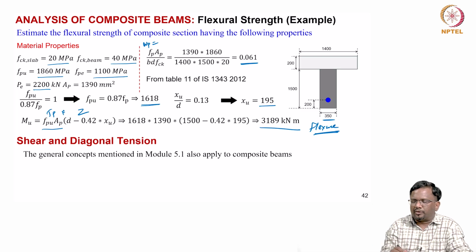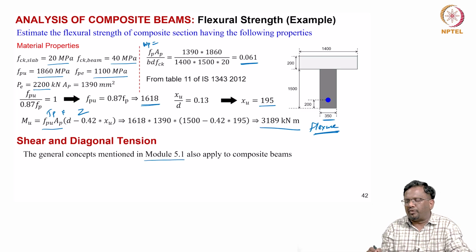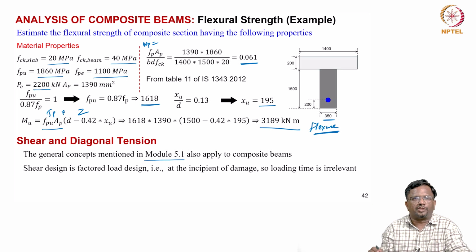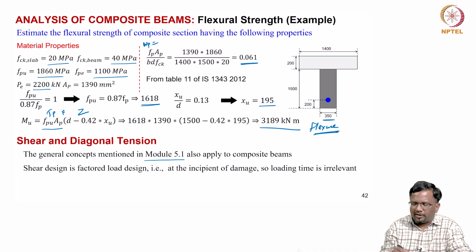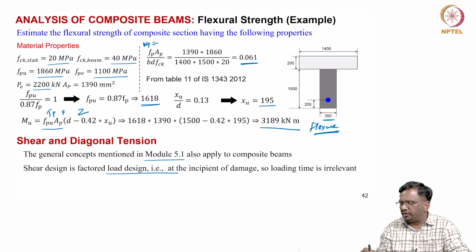The general concepts we have mentioned in module 5.1 also apply to composite sections. It is the web that is going to resist predominantly the shear, but at the same time in the flanges you have to put some reinforcement, stirrup reinforcement, horizontal stirrups have to be provided. And shear design is a factored load design. That means the incipient stage, when it is going to be damaged as you load it, becomes irrelevant.